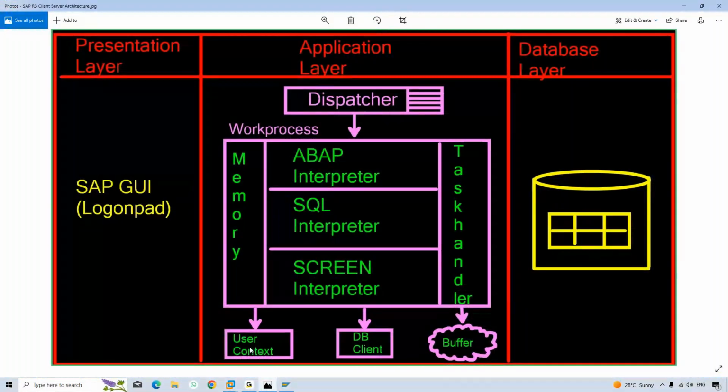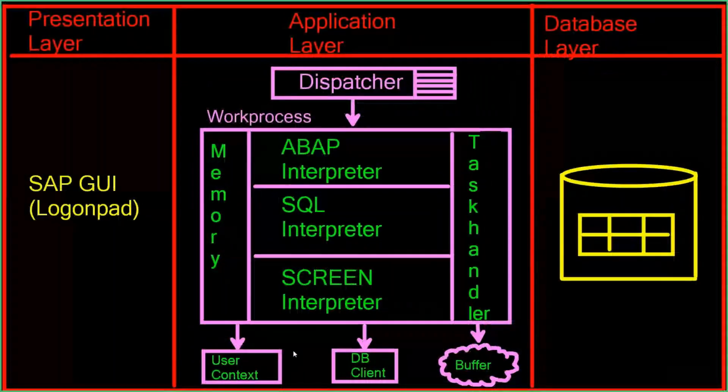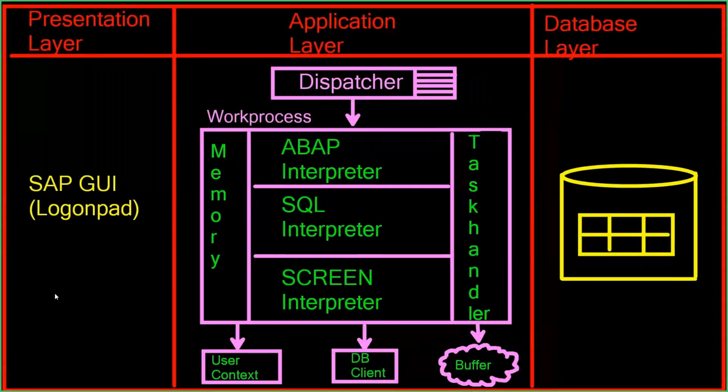Next, user context. User context is nothing but whenever the user logs into SAP. So just now we logged in, right? So with the sample user, one of the users, sample user is logged into SAP.